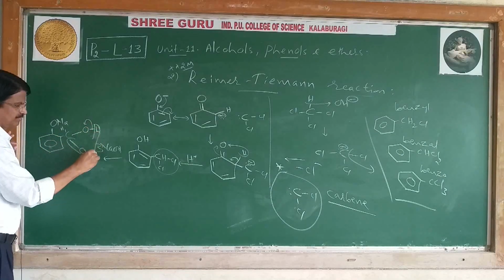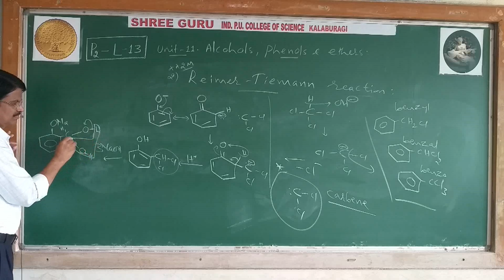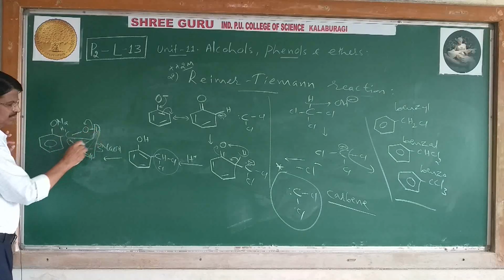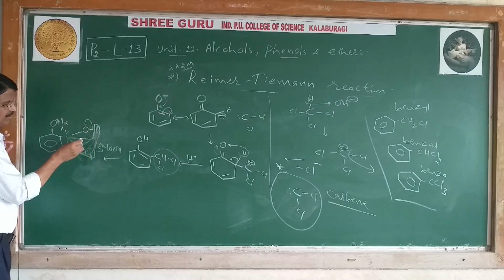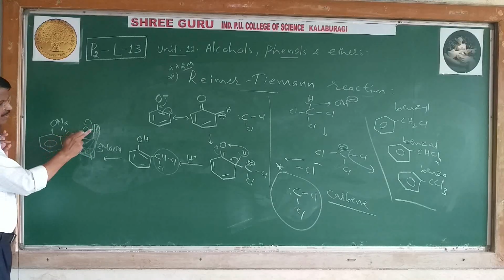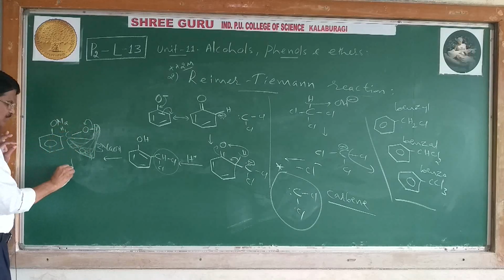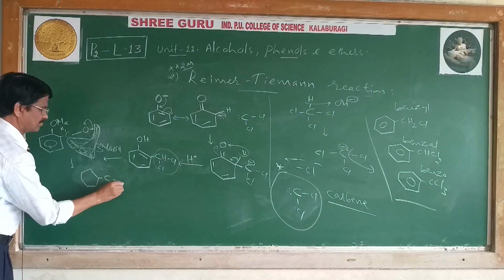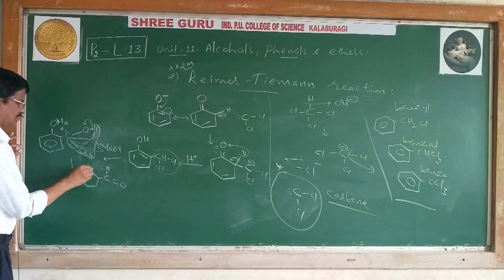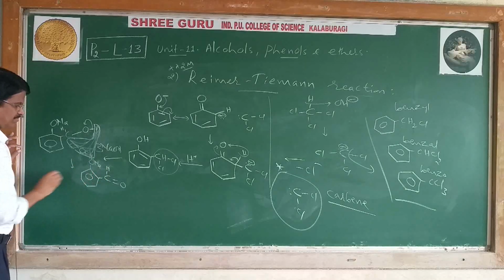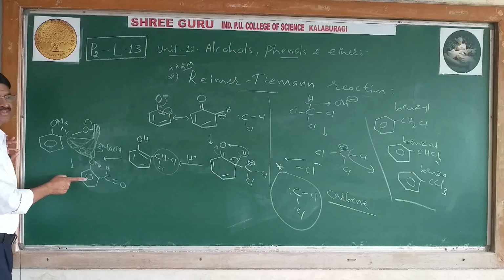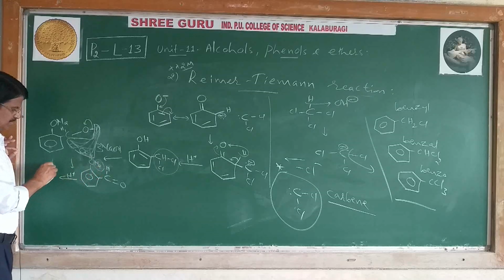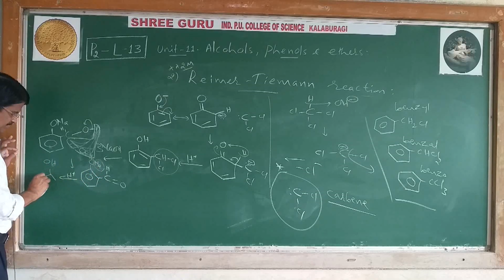Therefore, H plus and OH minus combine. Yes, we get H2O. Next, this C plus and the negative bond form what? The salt of salicylaldehyde, and finally by adding acid, this group changes into OH.